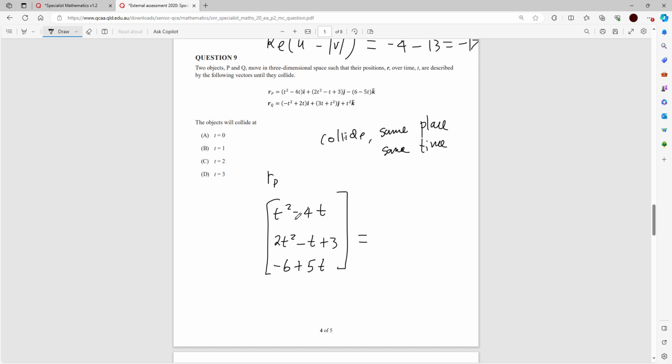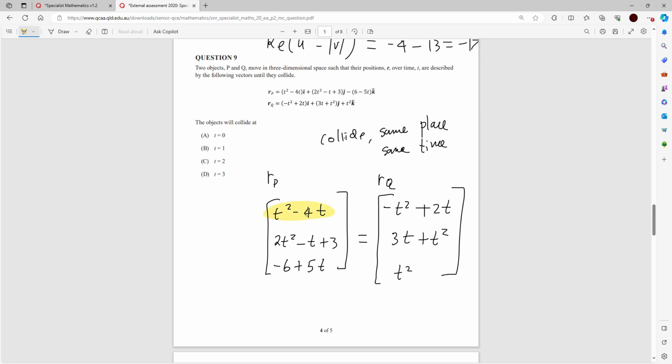We want to know when this is equal to particle Q, and I'll write that column there. So minus t squared plus 2t, 3t plus t squared, and then t squared here. Okay, so we can see they're all quadratic equations, so all you're going to do is pick one and try and solve for it.